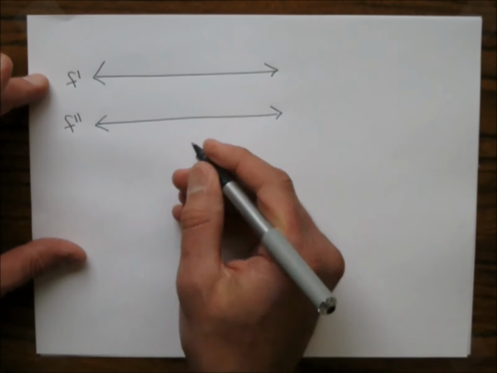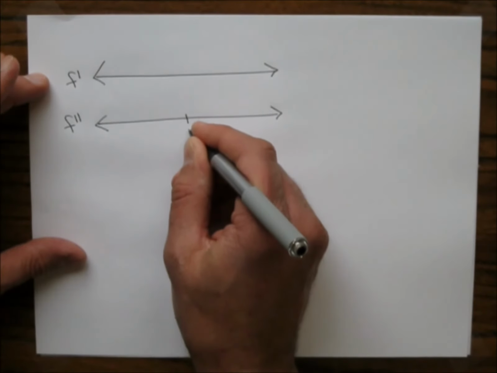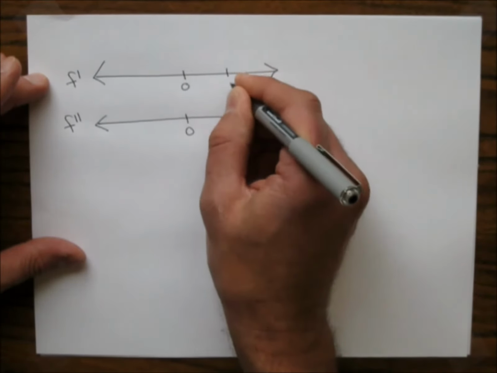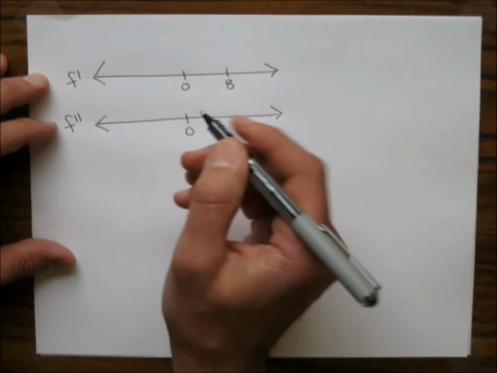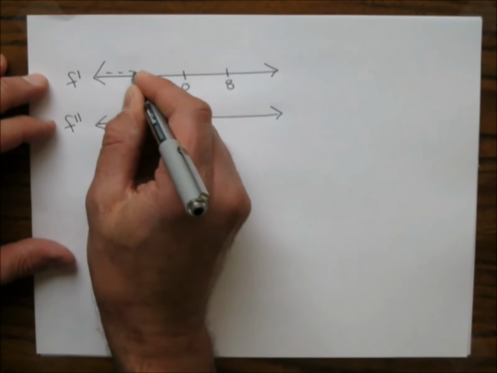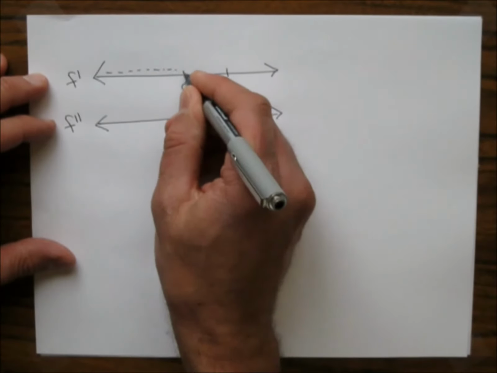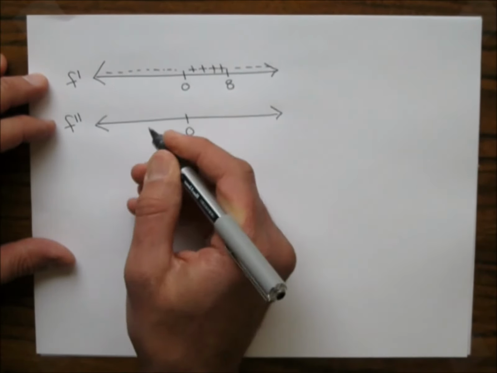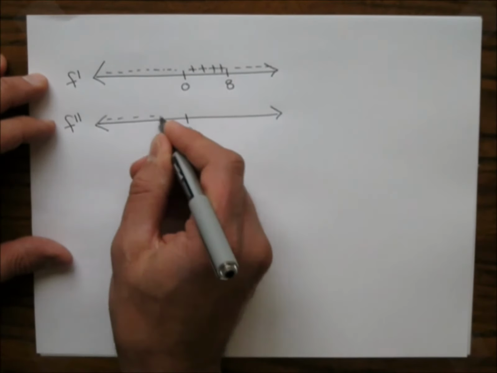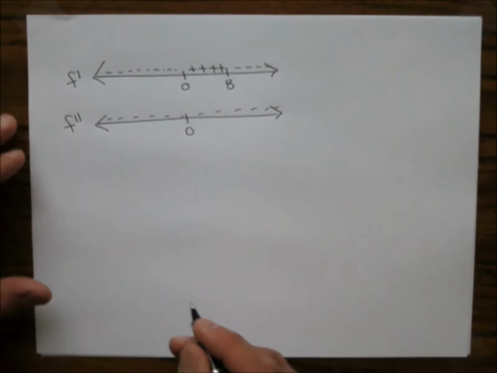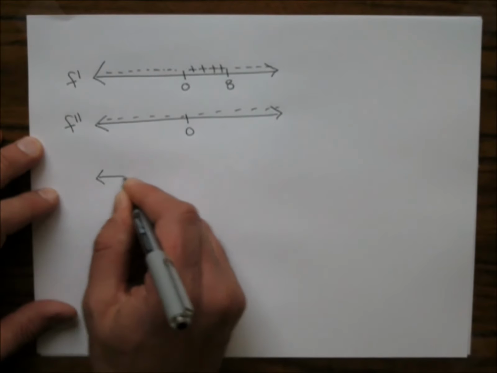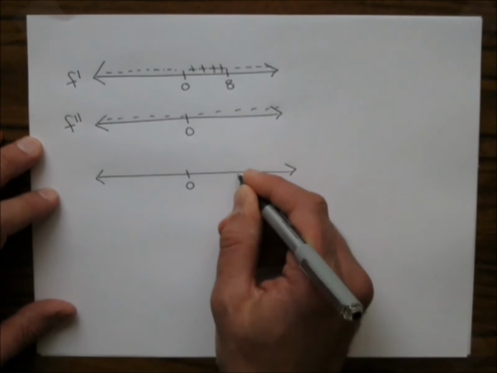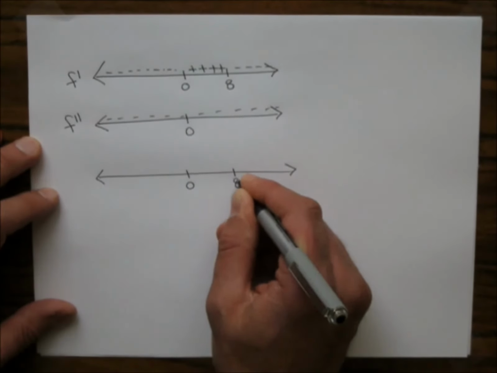We have 0, 0, and 8. I'm just recreating what I had here. We have negatives, positives, negatives, and then over here was all negatives. Now I'm going to draw a number line right below that has 0 and 8 on it.